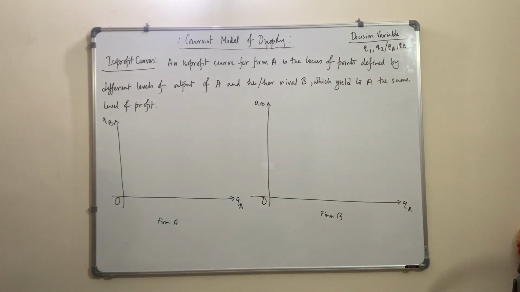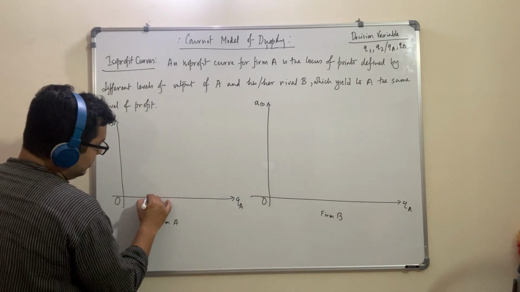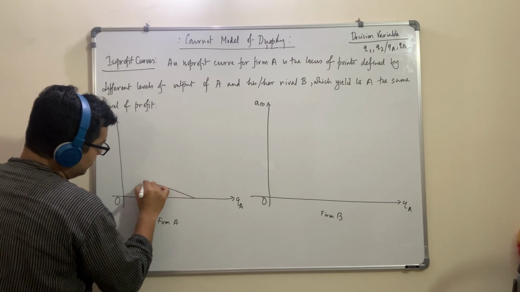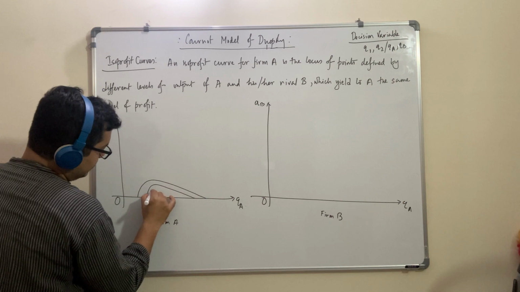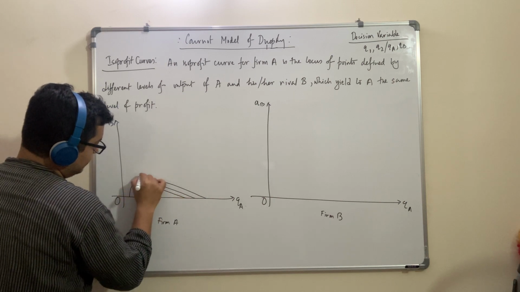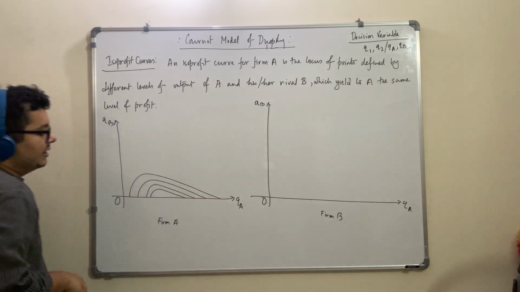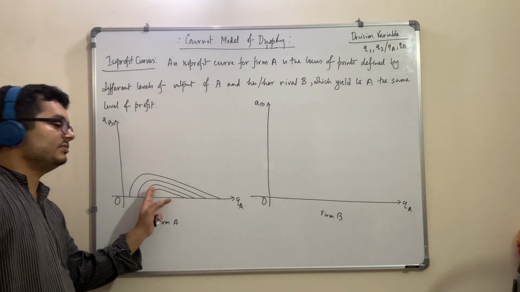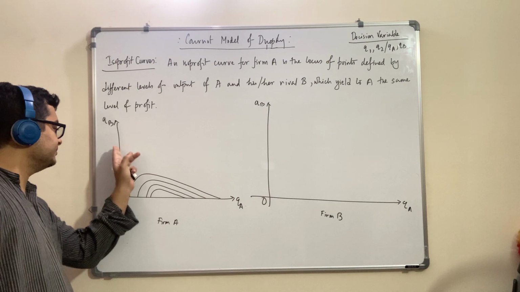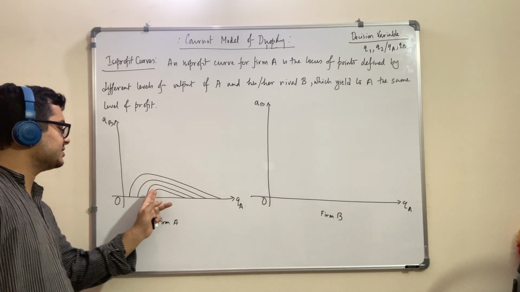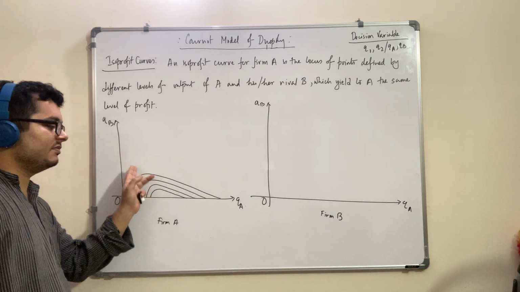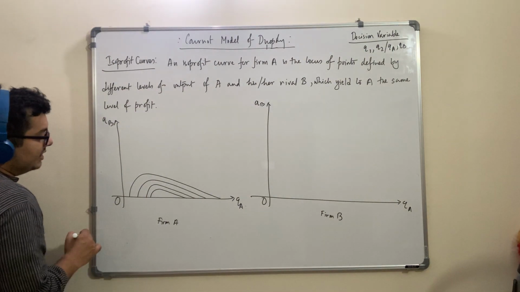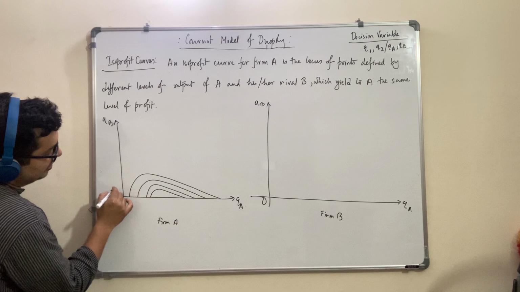Alright, so for firm A, the top is moving towards this line, and if you can see this, you are understanding the diagram correctly.